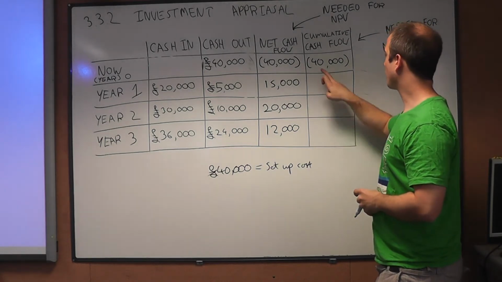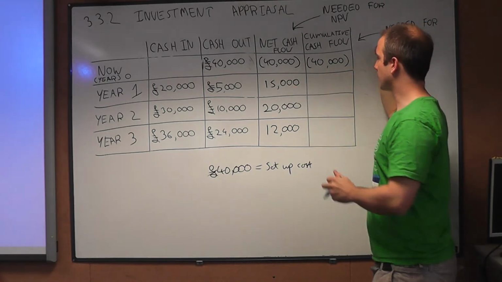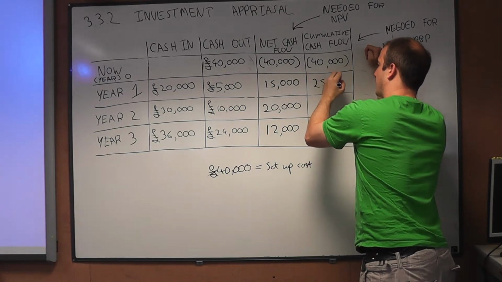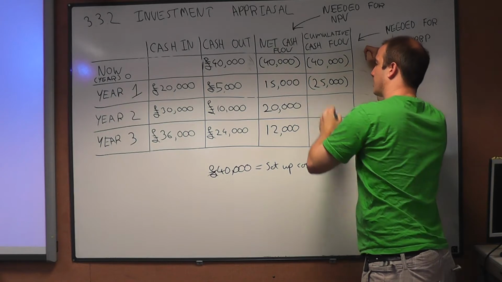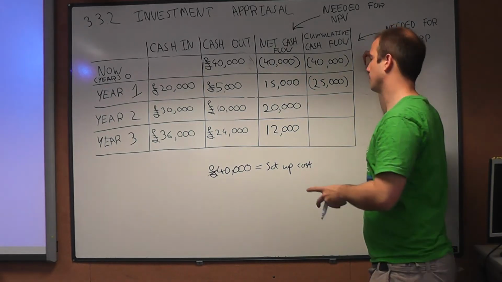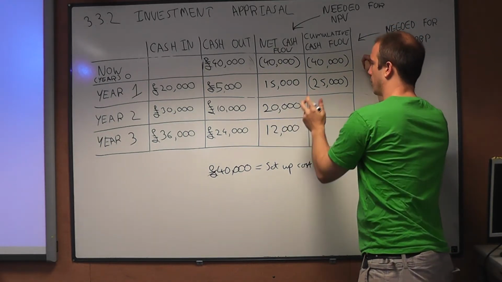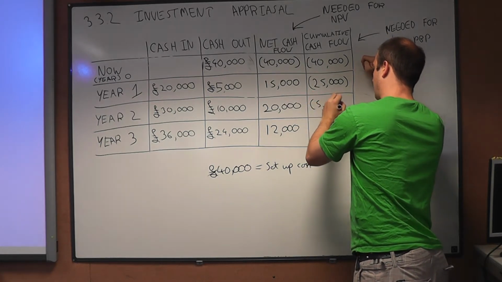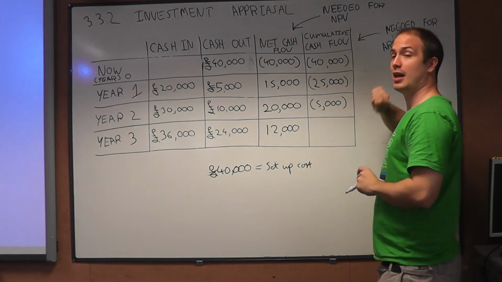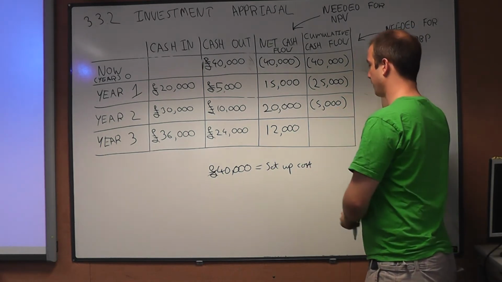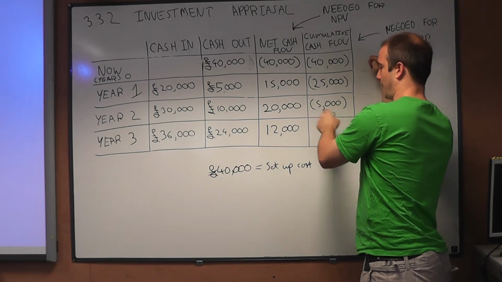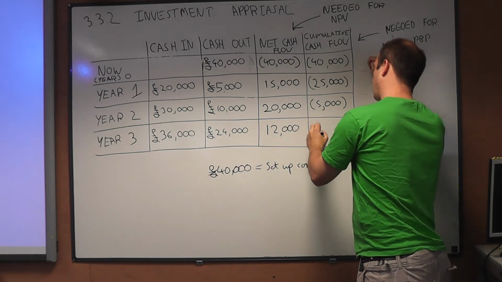So we've got minus £40,000 plus £15,000, which means that the debt on the investment has been reduced. We're now at minus £25,000, and then we're adding another £20,000 on. So the cumulative cash flow has got even smaller in debt, and then finally minus £5,000 plus £12,000, which gives you £7,000.